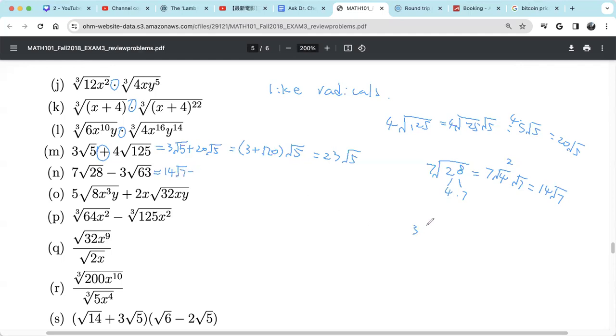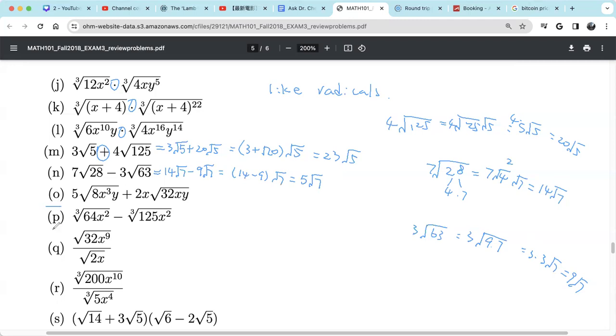The second number will have 3 radical 63. 9 times 7, right? 9 times 7 is 63. And square root of 9 is 3. So we got 3 times 3 radical 7, which is 9 radical 7. So minus 9 radical 7. So we get 14 minus 9 of radical 7. Well, 14 minus 9 is 5. So we get 5 radical 7.